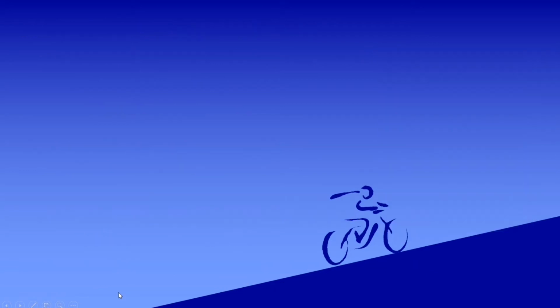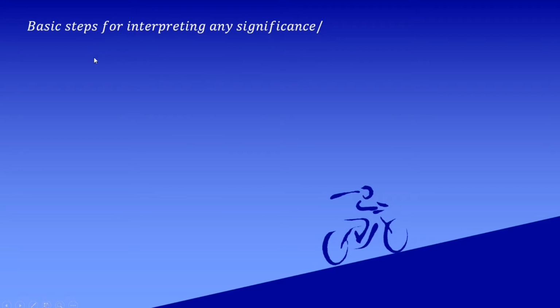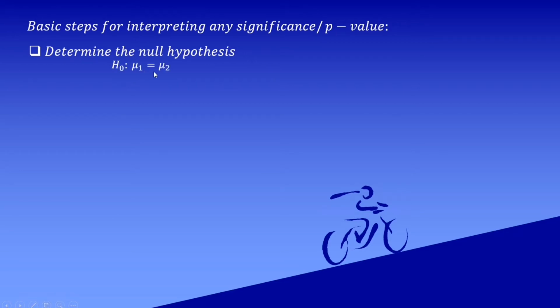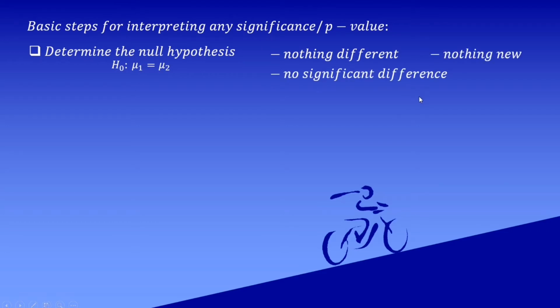For the interpretation of the results, dapat alam natin yung basic steps for interpreting any significance or the p-value. Okay, number 1, determine the null hypothesis. The null hypothesis is denoted as H sub 0, mu1 is equal to mu2, or mean 1 is equal to mean 2. Usually written as nothing different, no significant difference, or nothing new.